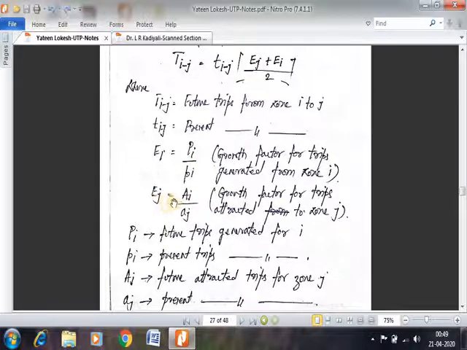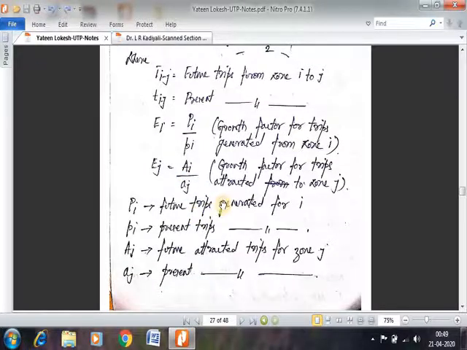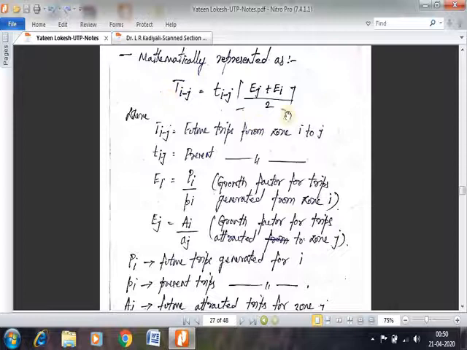Similarly, Ej is the ratio of capital Aj to small aj, where capital Aj is the future attracted trips for zone j and small aj is the present attracted trips for zone j.